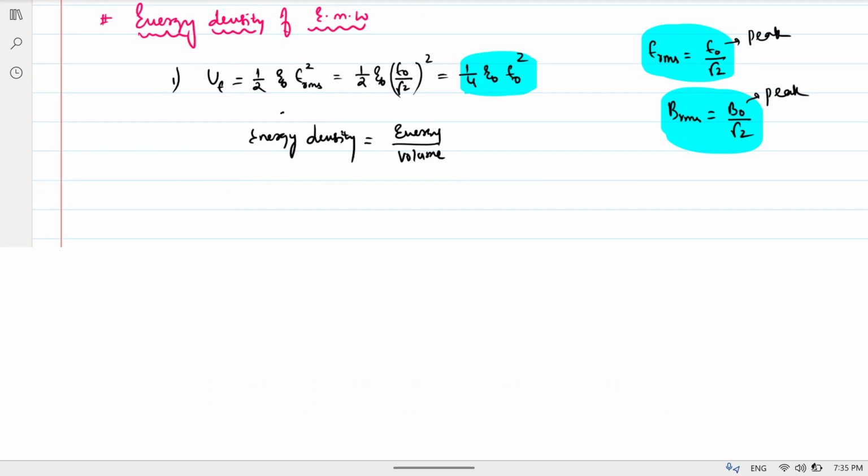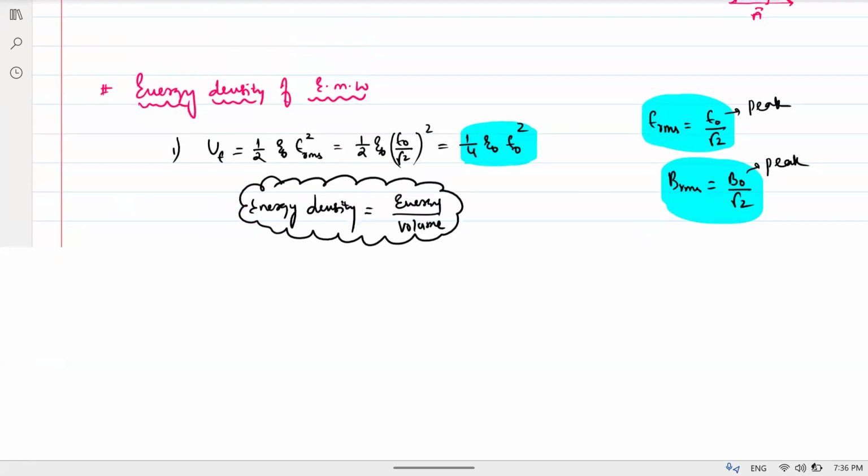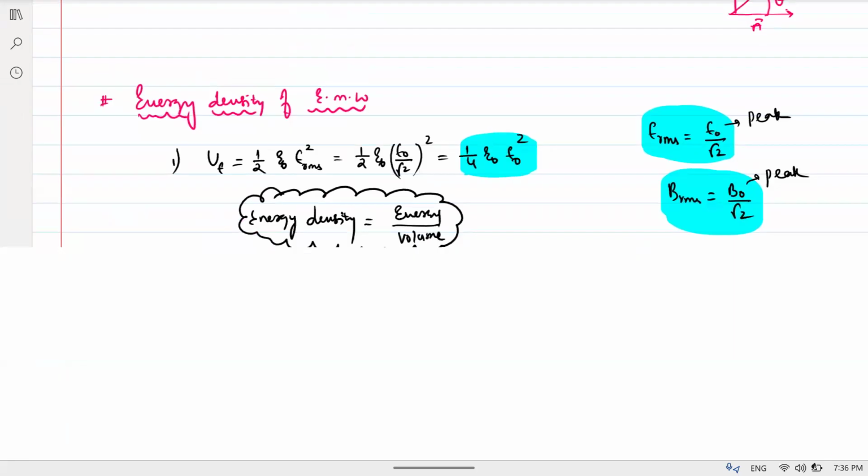Throughout physics, whenever we get energy density, it should be understood that it is the ratio of energy per unit volume. U is nothing but what, beta? Average energy density of the electric field.